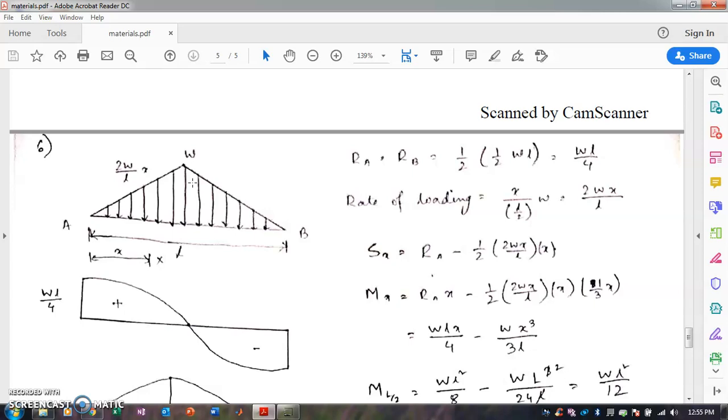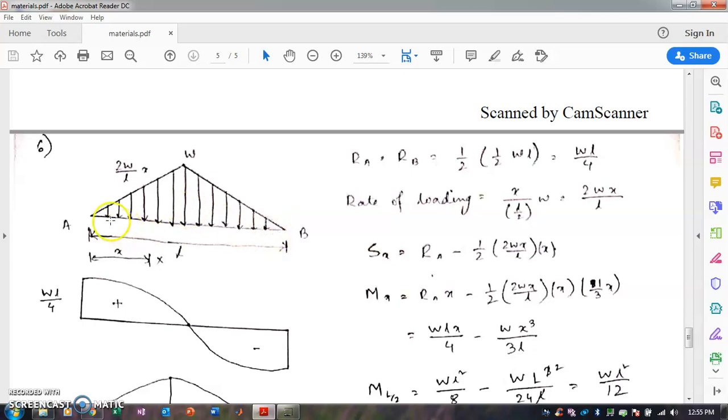So now what will be RA? RA is the total load by 2, or you can also calculate it by taking moments about either of the two points A or B. Here if you take moments about point B, the total load will act at midpoint, because the center of gravity is at the median.